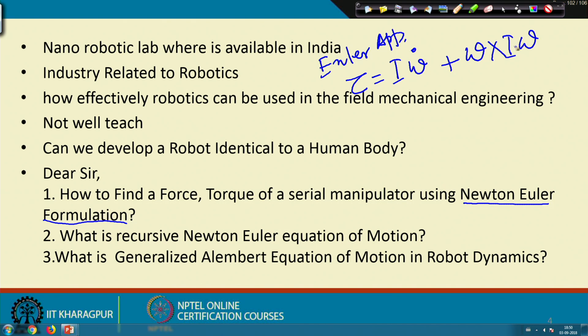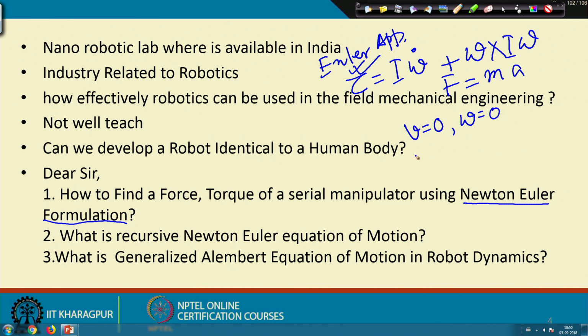Here we try to find out the joint torque, and Newton's law gives force as mass into acceleration, and we take the help of a recursive formula. Initially, the linear velocity v we take equal to 0, and the angular velocity we take equal to 0.